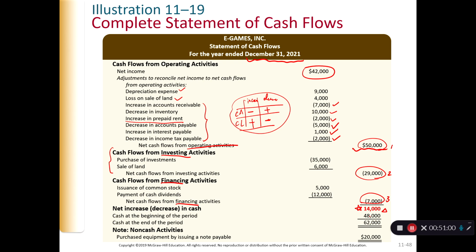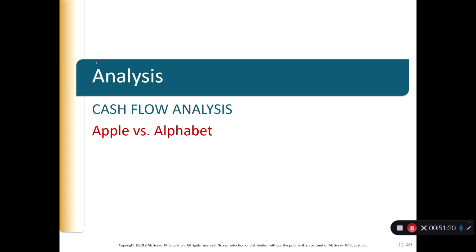And we also have a note saying that we purchased equipment by issuing notes payable. That's not involving cash, and we put it right here. And so far, you have prepared a complete cash flow statement. Good job.